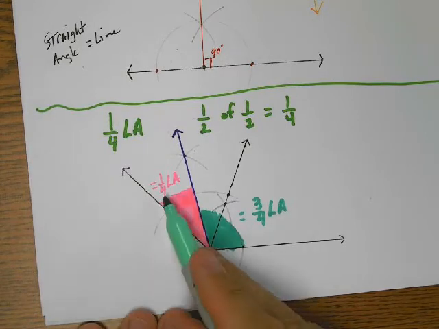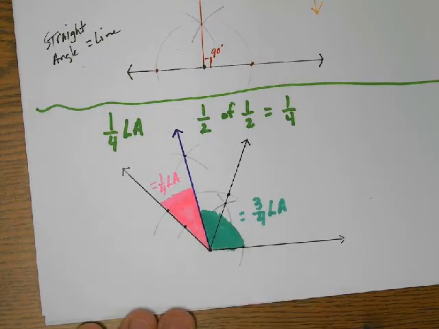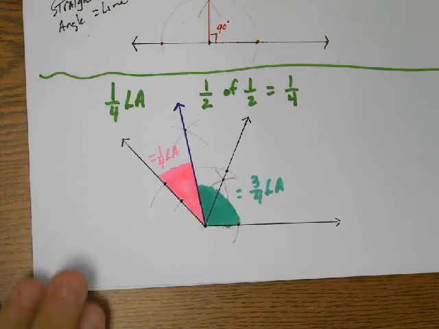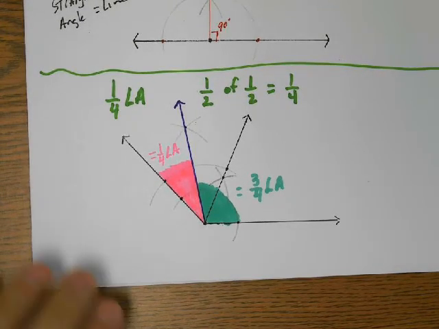If this is 1/4, then that's got to be 3/4. That's a half plus a fourth. Pretty cool, pretty cool.